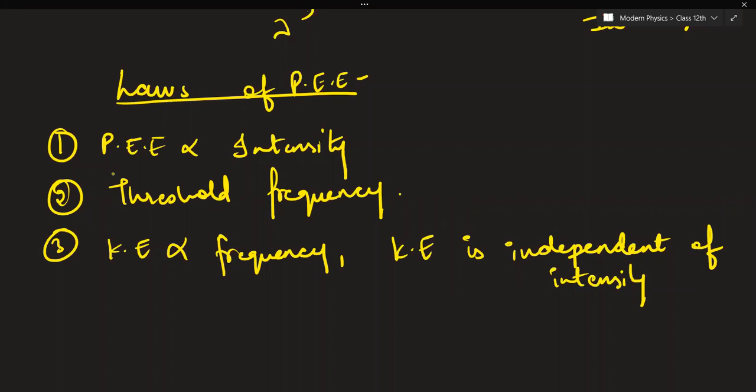This is the third law. Intensity is power per unit area per unit time.